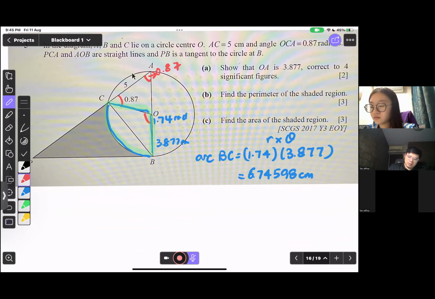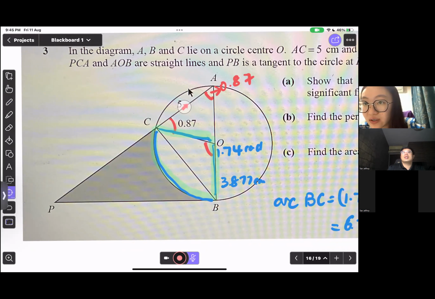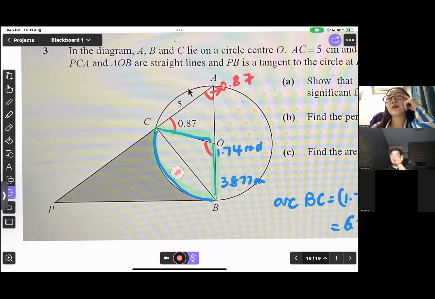Okay, same thing for C. You see this whole triangle, correct? This whole triangle ABP, right? Do you know how to find the area of this triangle? Since you got this part, this is the height. And just now in part B, you found PB. Yeah, I can find the area of triangle APB.